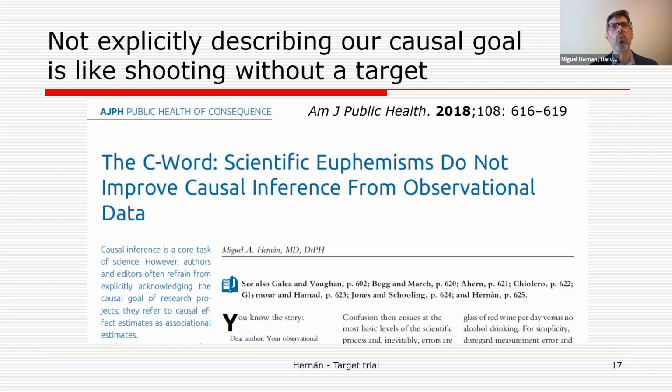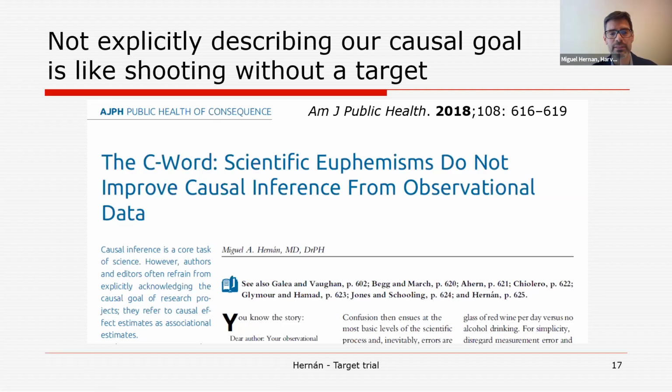So when we don't do this, when we don't know the target trial before we start analyzing the observational data, it's really like shooting without a target. We have no idea whether we are going to get it right or not, because we don't even know what our question is. And this is a problem that has been exacerbated in practice and in the medical literature because of the reluctance by many journals to explicitly state what the causal goal of an observational study is.